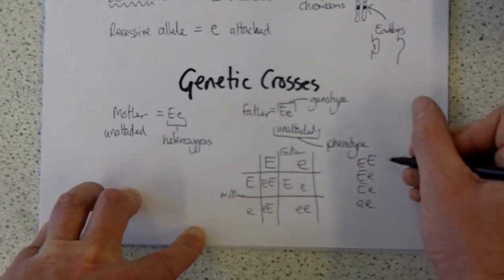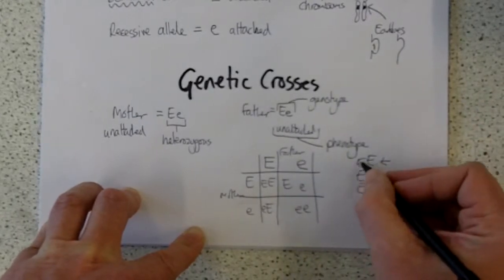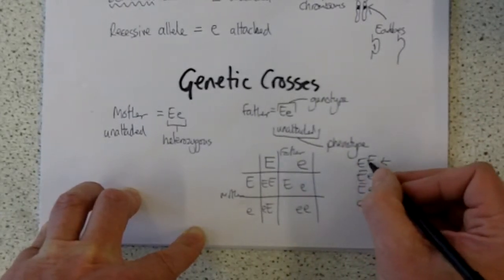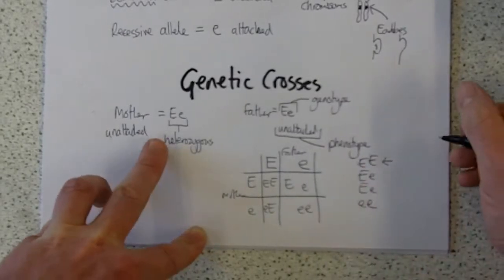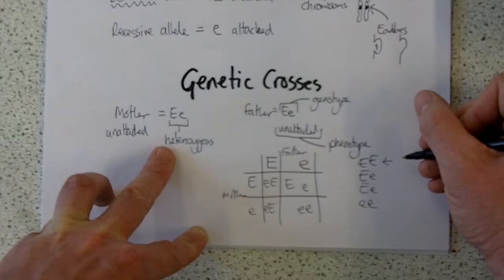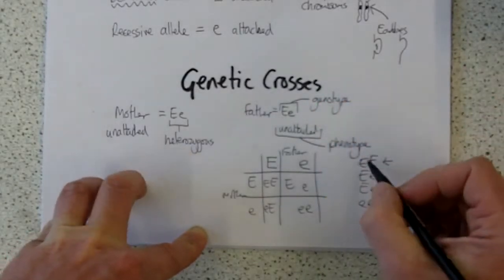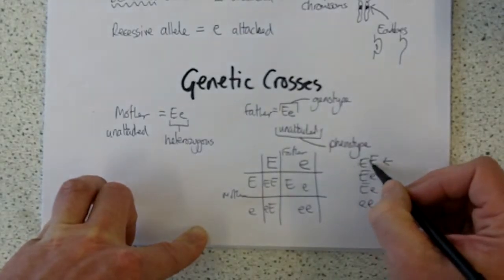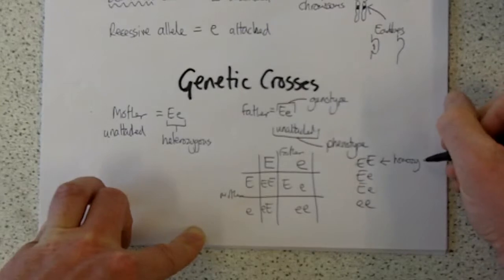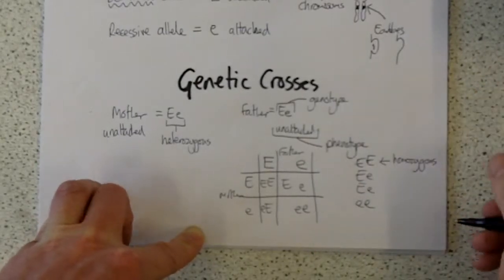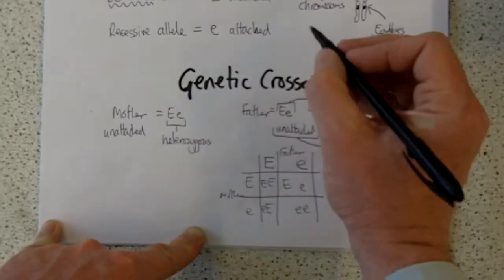In the first case, the genotype is that they've got two alleles for unattached earlobes. When the genotype is that they have the same allele, that's known as homozygous, i.e. the alleles are the same, and they will have unattached earlobes because they have no choice.